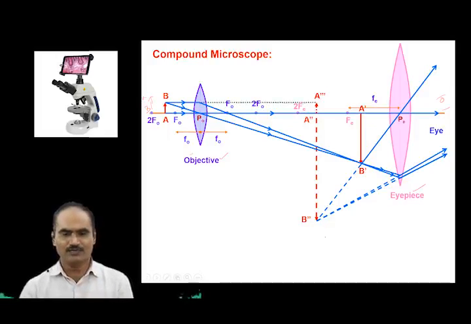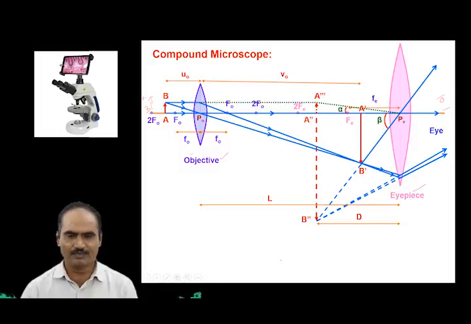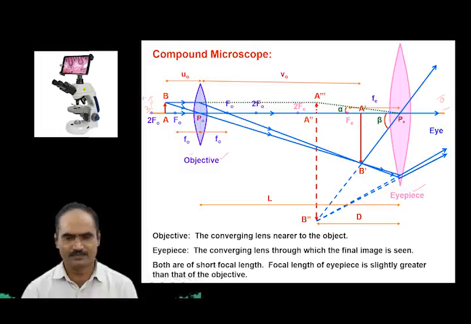So how do we get the magnification? Magnification may not be asked in the examination, but let us see how it is obtained. The converging lens nearer to the object is called the objective, and the lens close to the eye is called the eyepiece.